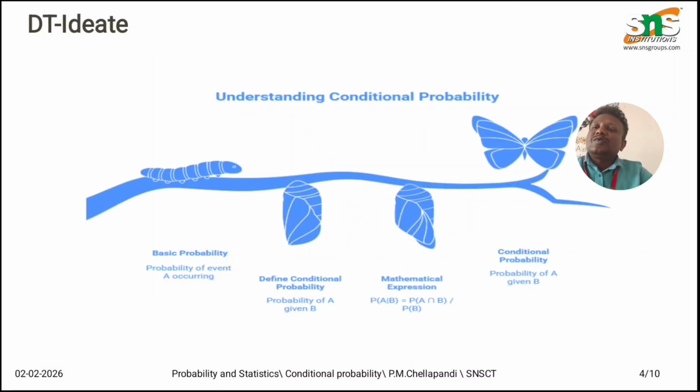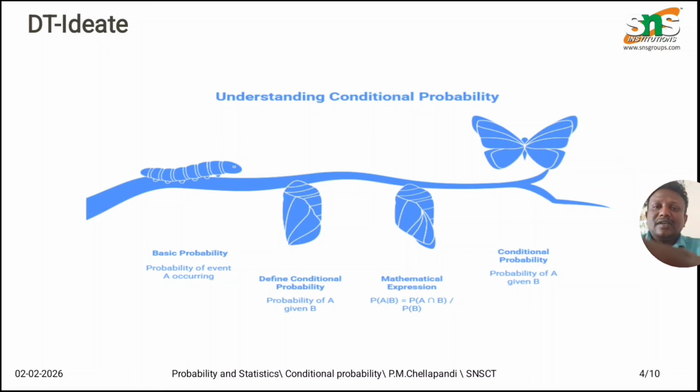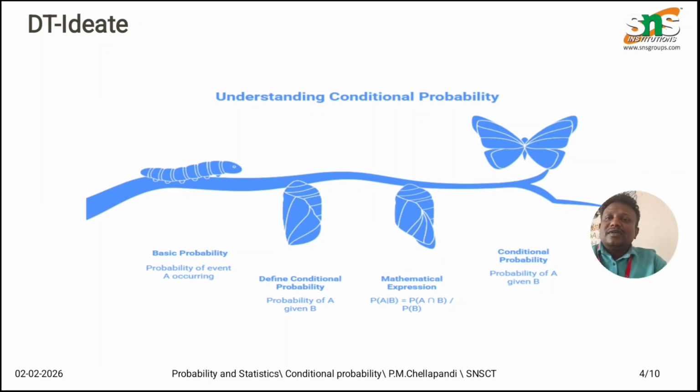Now let's come to the next stage in design thinking, that is called ideate. Here to understand conditional probability, we are going to use the ideate concept.